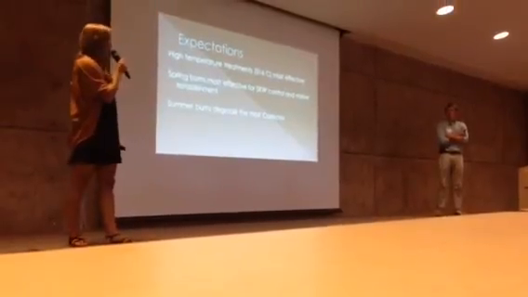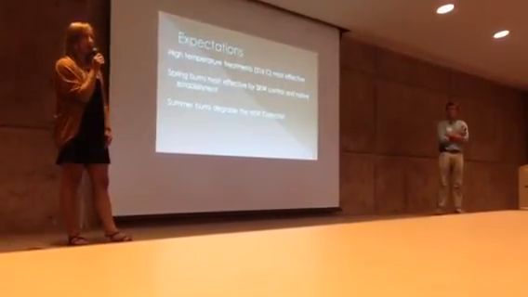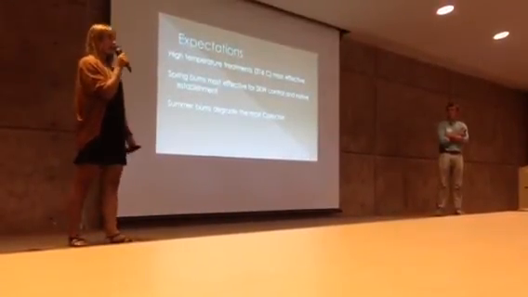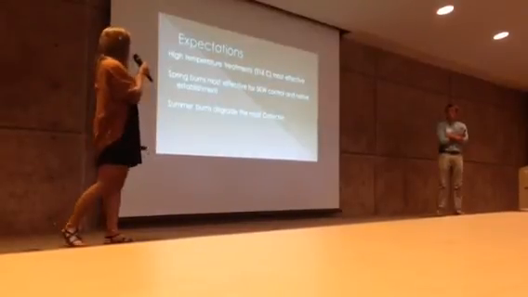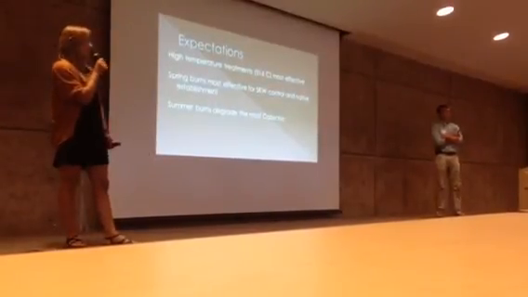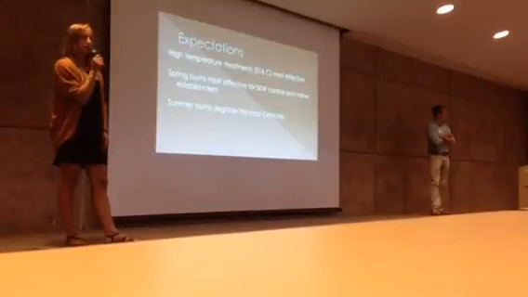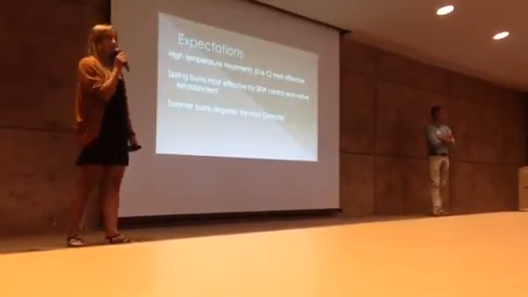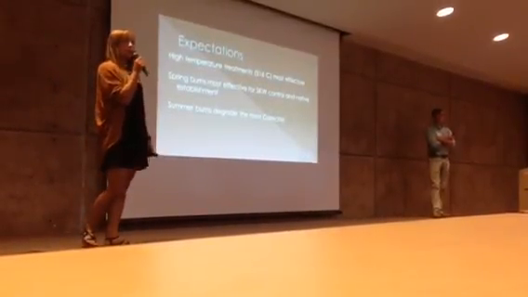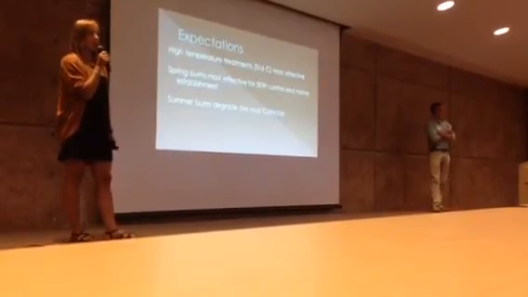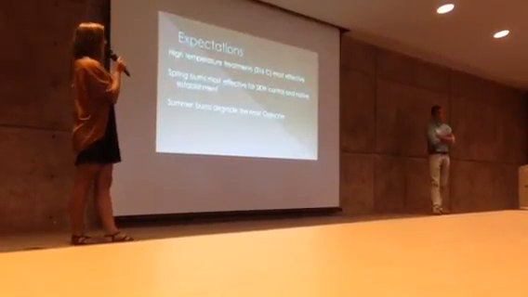We also hypothesize that spring burns will be most effective because a lot of the literature that we've read has suggested that. And we also hypothesize that summer burns will reduce the most catechin, simply because summer is the prime growing season for spotted knapweed, so there will probably be more catechin in the soil during the summer.